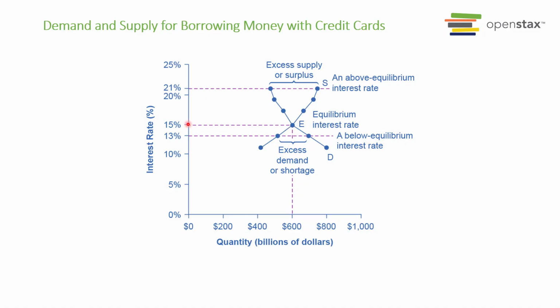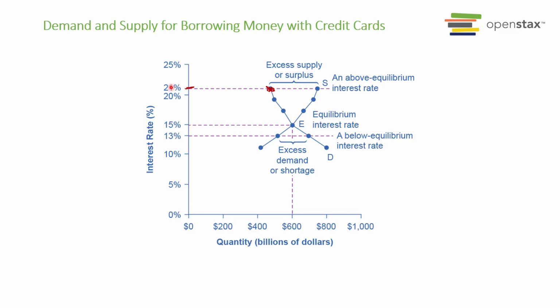Now, if the interest rate is really high, let's say it goes up to 21%, you can see that this distance here is the demand, from 0 to somewhere around 450 billion.